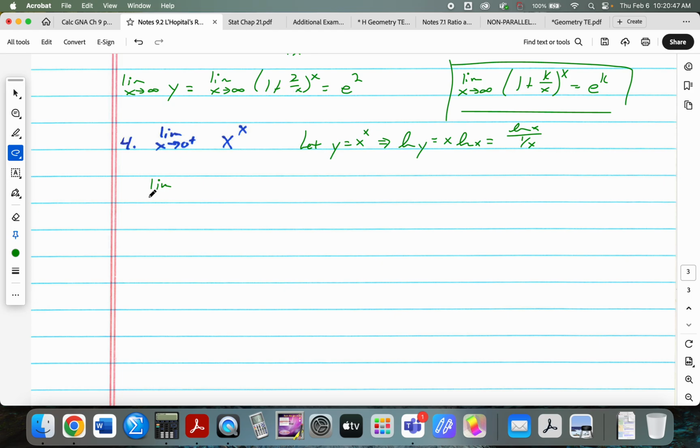So I have the limit as x approaches 0 from the right of the natural log of y will be the limit as x approaches 0 from the right of the natural log of x over 1 over x. Now, as we approach 0 from the right, what does natural log approach?